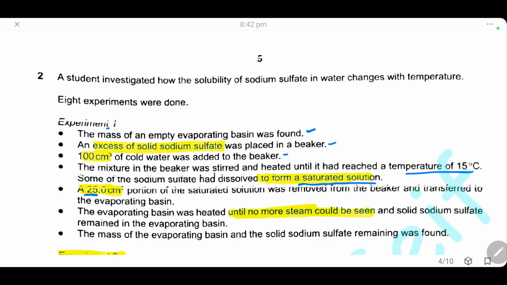So we have a saturated solution in the beaker, containing 100 centimeter cube of water. We will take a 25 centimeter cube portion of the saturated solution and put it in the evaporating basin and heat it until no more steam can be seen, and the sodium sulfate remains in the evaporating basin. We will determine the mass of the evaporating basin and the solid sodium sulfate remaining.